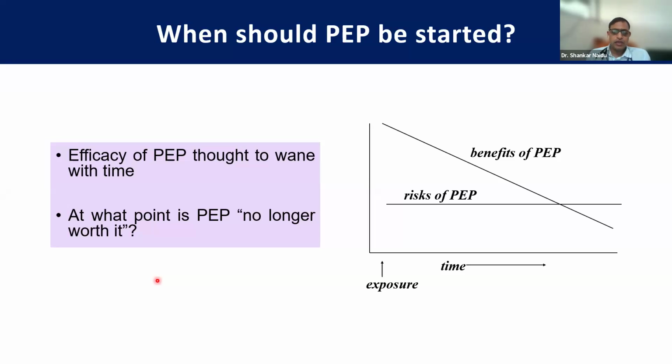As you can see from this graph, as the exposure time keeps increasing, the benefits of PEP keep decreasing, and at a certain point the risk of giving PEP would be higher than the benefit. Exactly at what time point this crossover occurs is not known from various studies.